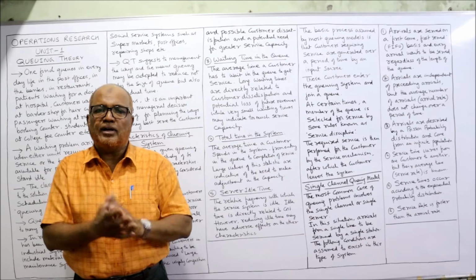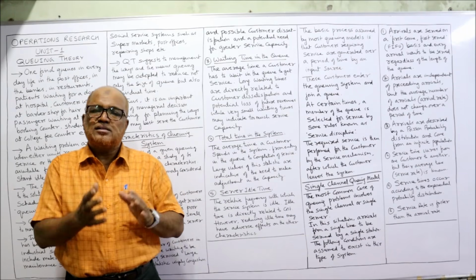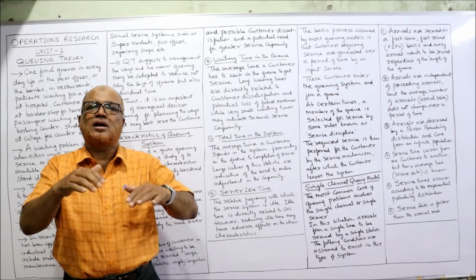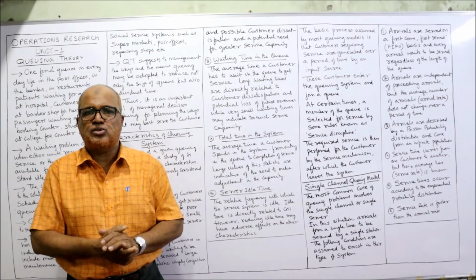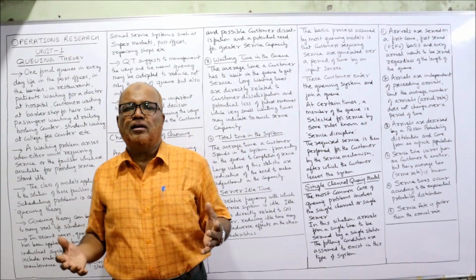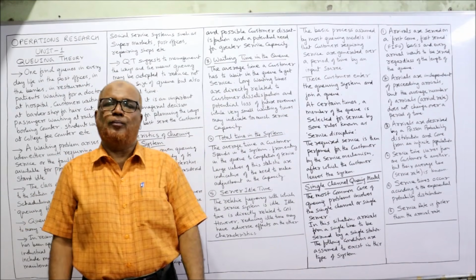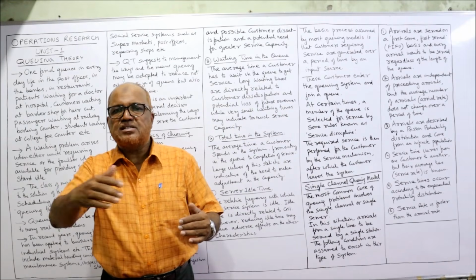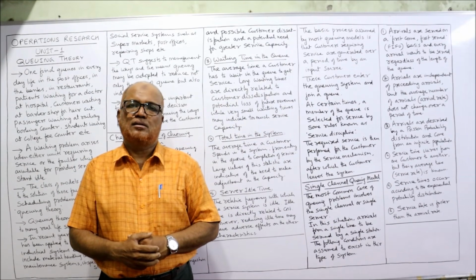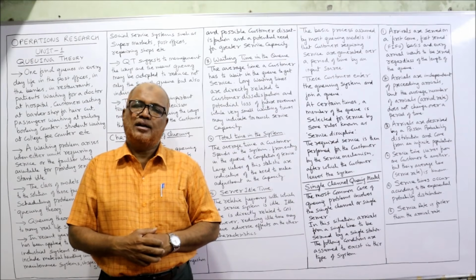Like this, some organizations will provide the service to children first. But most often, the service discipline is FIFO. First in, first out. First come, first served basis. That is called service discipline.